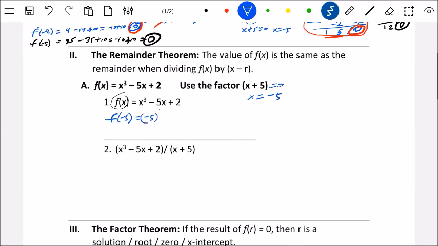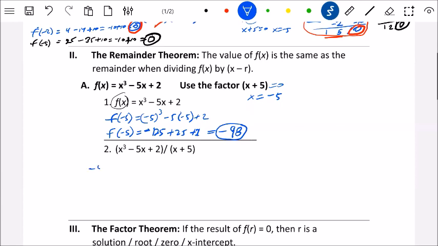I'm going to do negative 5 cubed, minus 5 times negative 5, plus 2. So this function with negative 5 is negative 125 plus 25 plus 2, which equals negative 98. So that's what we get for that one.